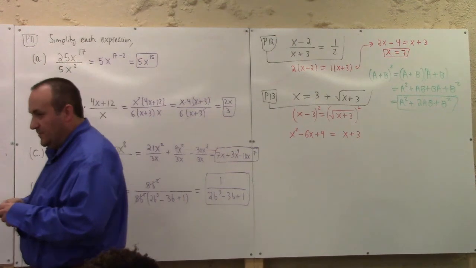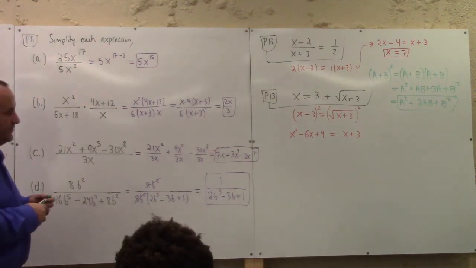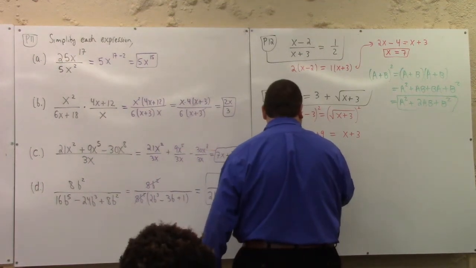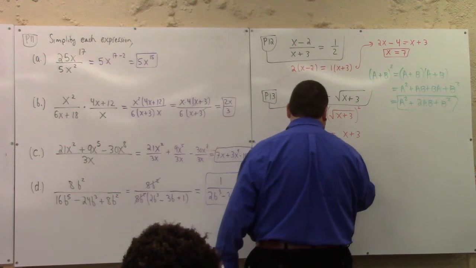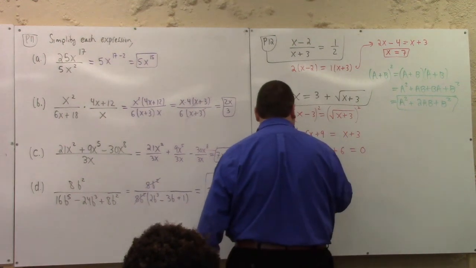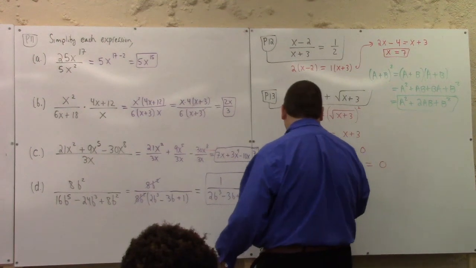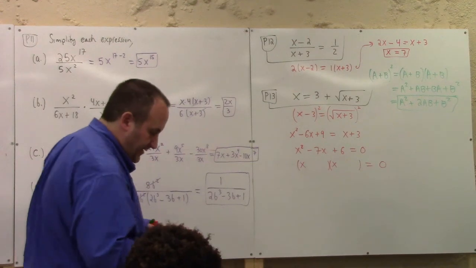That's a common error people made on the last test, is they're squaring a sum of two things and they're neglecting what's called the cross term, right? The 2ab type term. But anyway, here it is. And so this gives us x squared minus 7x plus 6 equals 0, which, can you guys factor? Can you guys factor that one?